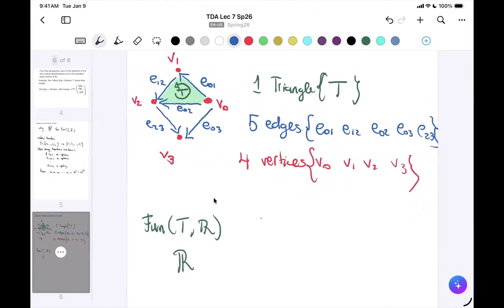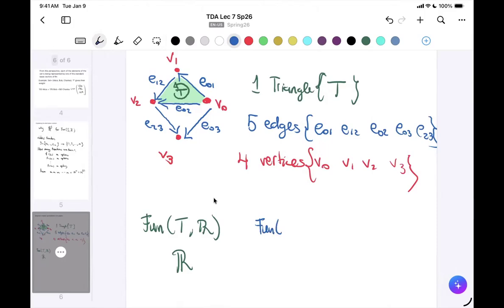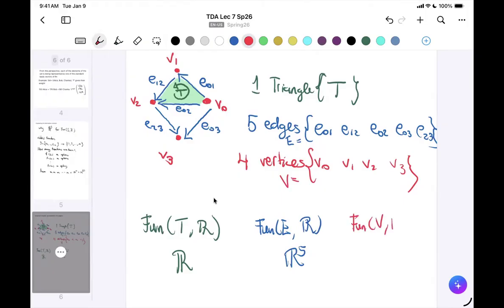The space of edges, let's call this set E for edges. The functions from the edges into the reals is just R5, right? And the space of vertices, this set V. So the functions of the vertices into the reals, that would be R4, right?